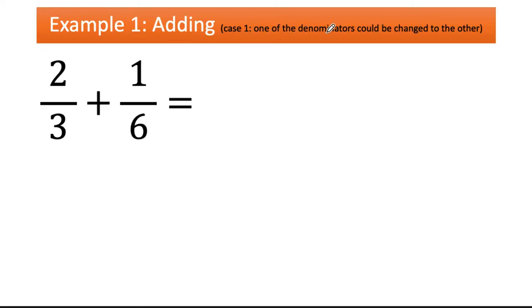Case 1. One of the denominators could be changed to be the same as the other. So again, guys, we will look at the denominators. Oh, they are not the same. They are not like, they are different. So I'll ask myself, can I change the smaller to be the same as the bigger? Can I change the 3 to be here as 6? Yeah, the answer is yes. By multiplying by 2. And don't forget, we have to multiply the numerator as well by 2.